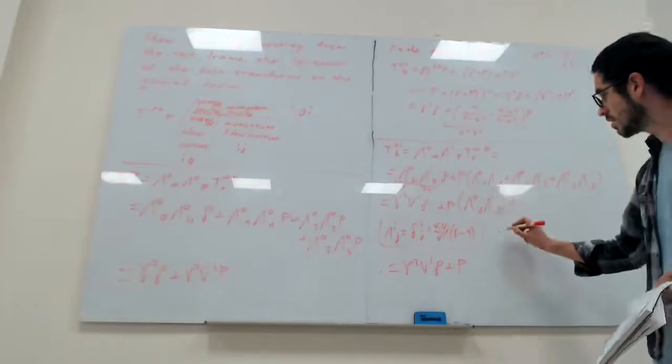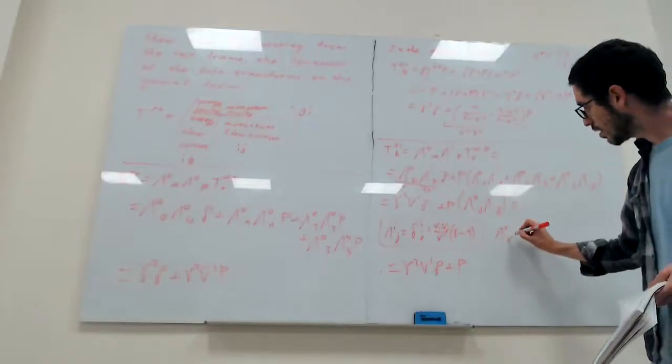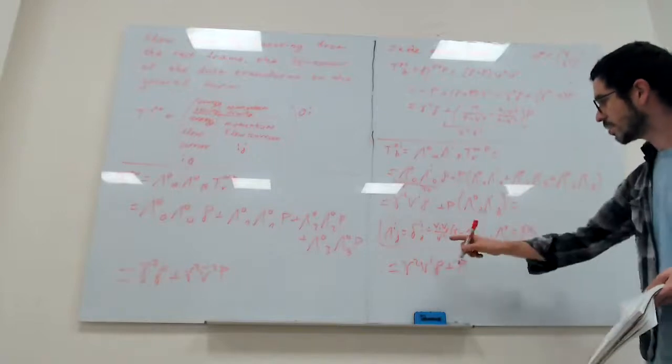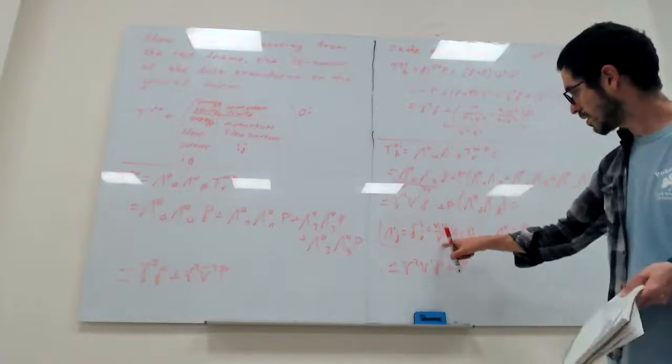Now we have that this equals gamma vj. So let's look at this part.